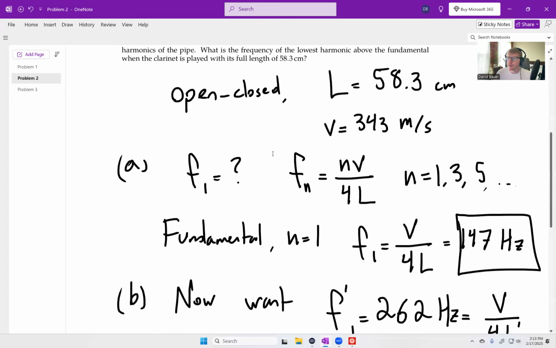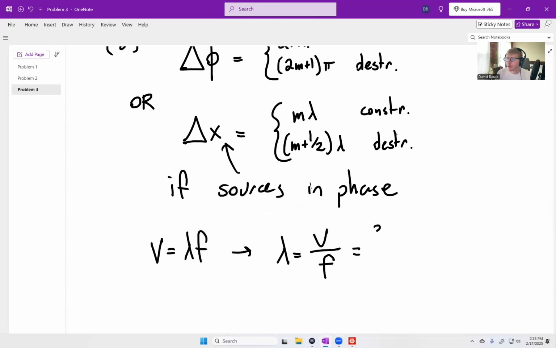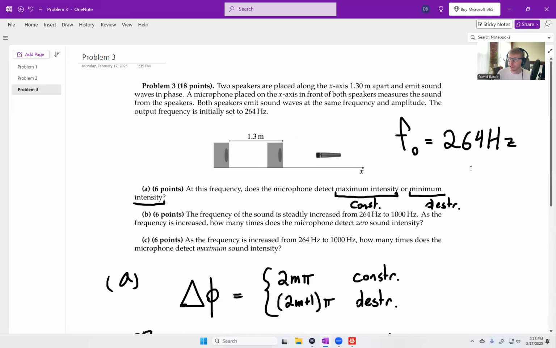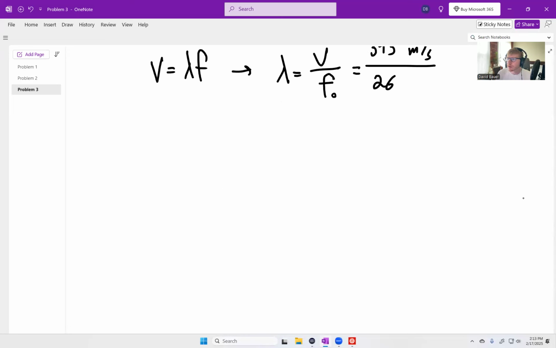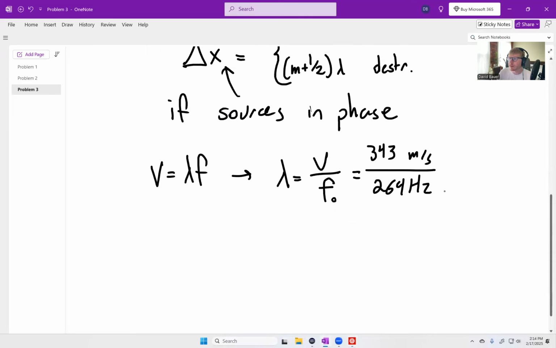Let's just use the value that was given in this previous problem of 343. And our frequency, 264 hertz. Okay, so just divide 343 over 264, I get 1.299 or 1.3 meters.